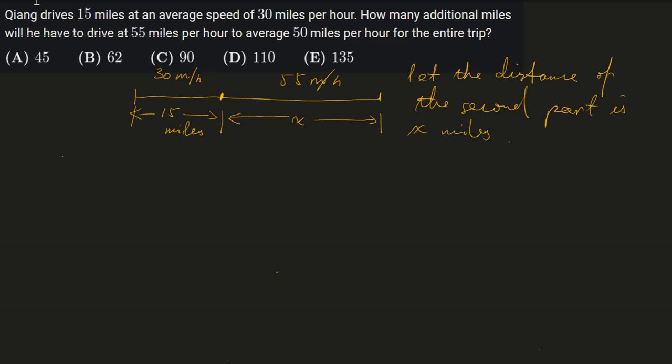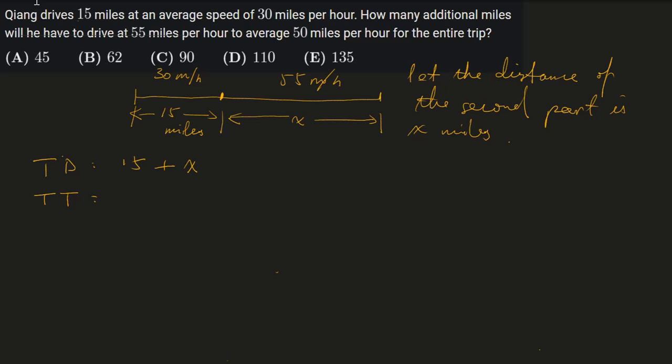In order to calculate the average speed of the entire trip, we need to know the total distance and the total time. Let's look at the total distance first. For the total distance, we certainly have 15 plus x, right? And how about the total time? Then we have to calculate it separately.